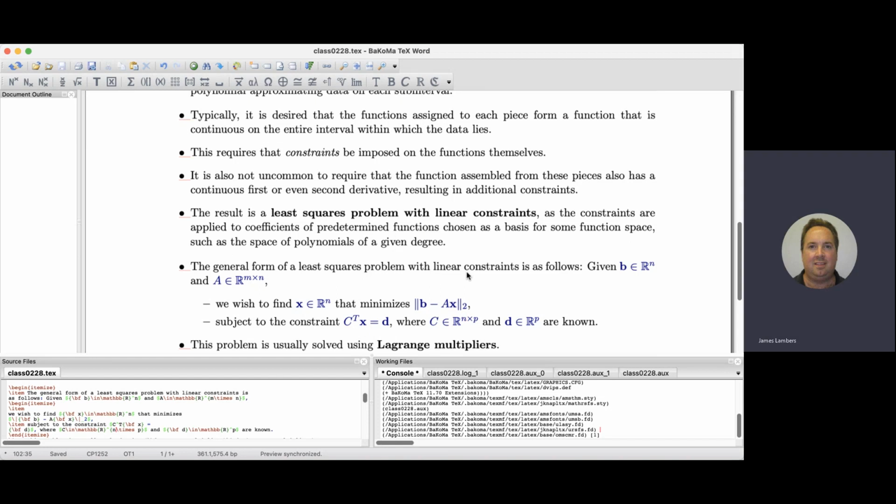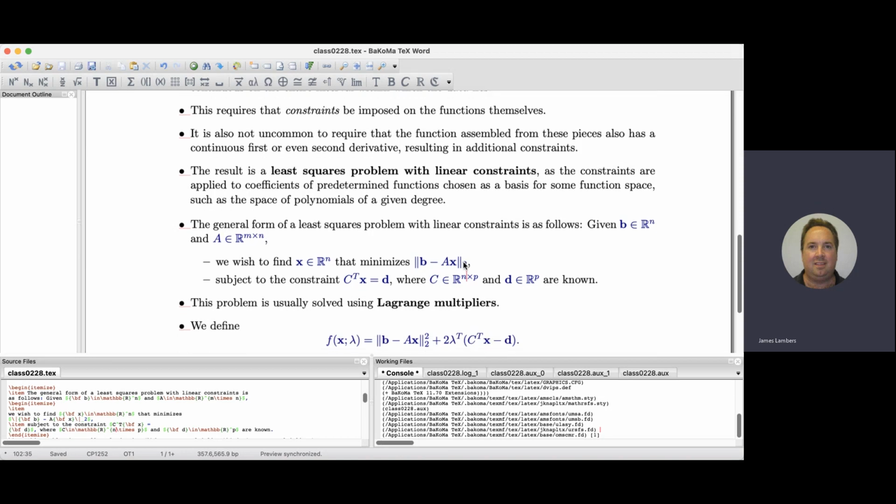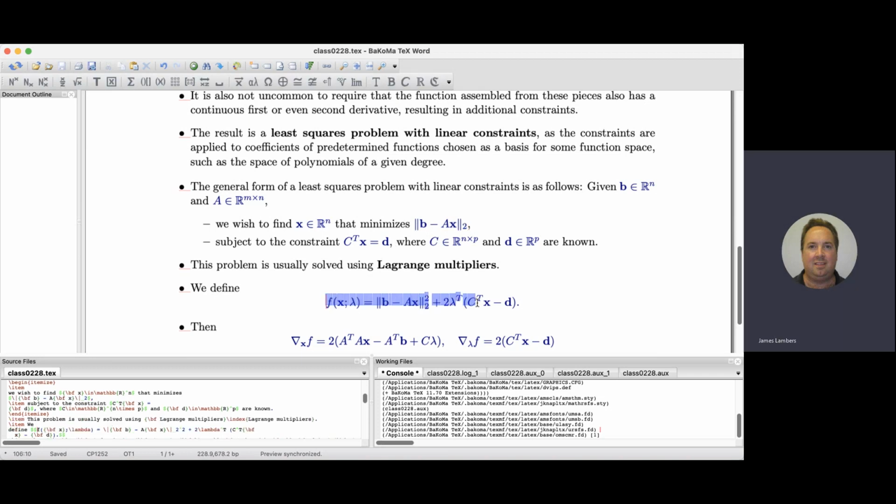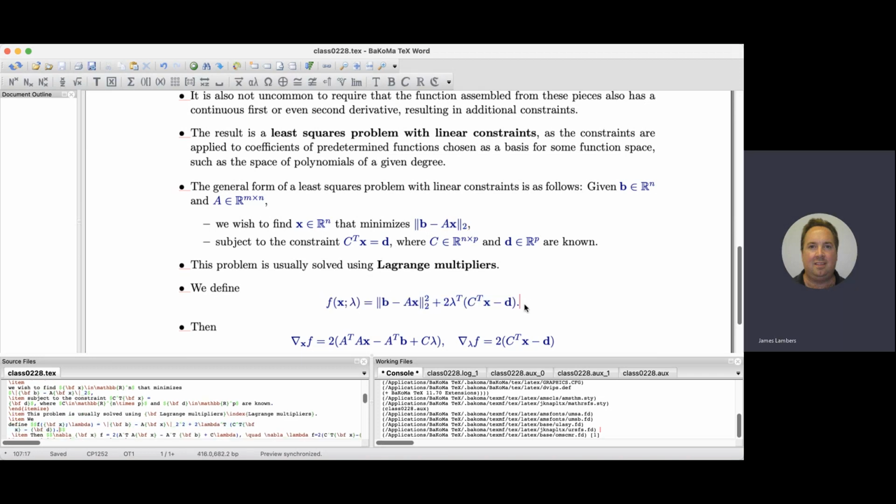So one approach to solving this, that you may have seen in your multivariable calculus class, if I presented it a different way, is the method of Lagrange multipliers. So the idea is to solve this constrained minimization problem by solving an equivalent unconstrained minimization problem. So instead of simply trying to minimize this, we try to find a minimum of this function right here.